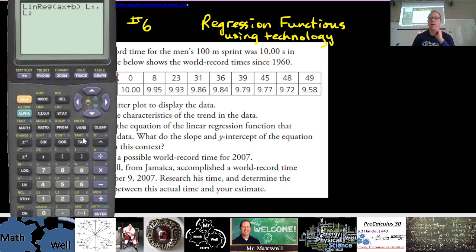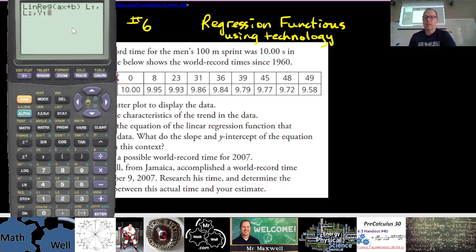We are going to go comma again, and hit the Vars button, variables. We're going to cursor over to Y-Vars, function, and Enter. So Vars, cursor over, right, enter. This will ask where you want to put the values for your function, and just do Y1 is fine.